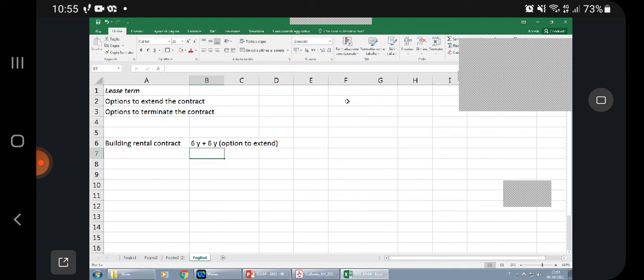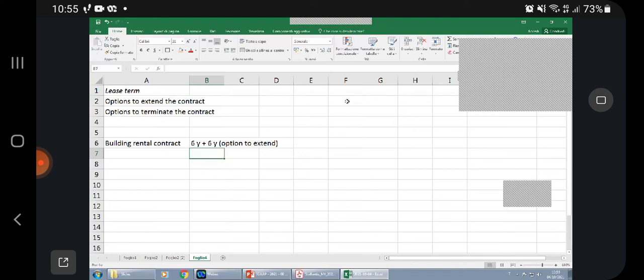If the building is for the headquarters with administrative offices, I can assure you that companies always consider it not reasonably certain to exercise the option, because it is very, very, very easy to relocate administrative offices.